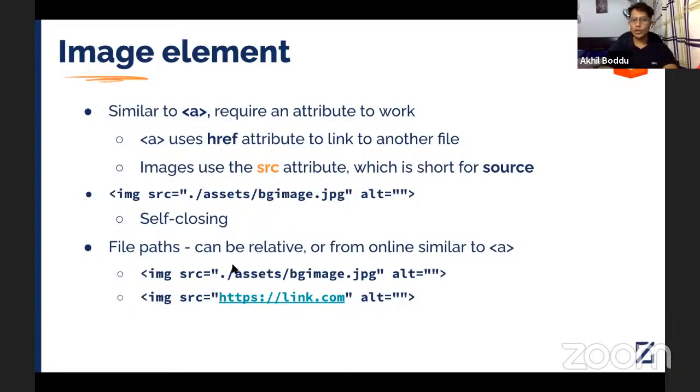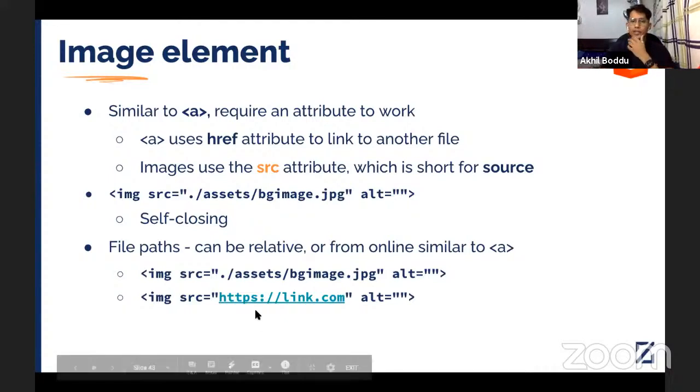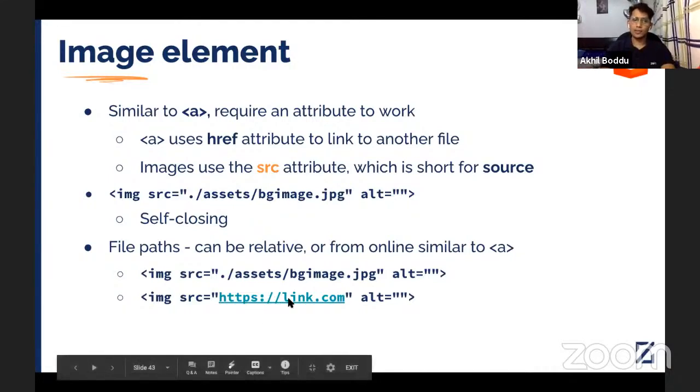Okay, so I've already shown you guys how you can use these relative paths over here. We can do dot. Dot means the current folder, slash means check the current folder, and then VS Code is going to look at what you have, and then you can hit enter on assets, and then you can load whatever image is there. Okay, and then you can also use an absolute path using HTTPS. Okay, this is really cool stuff, guys.